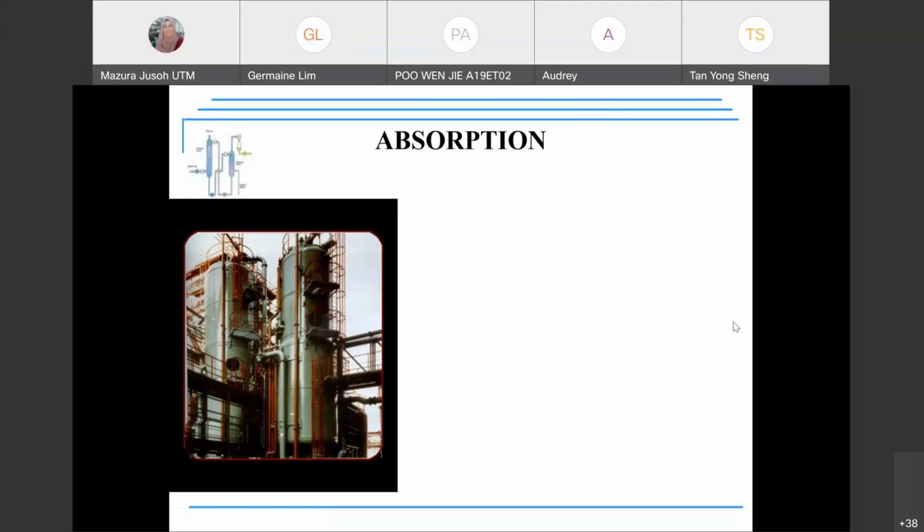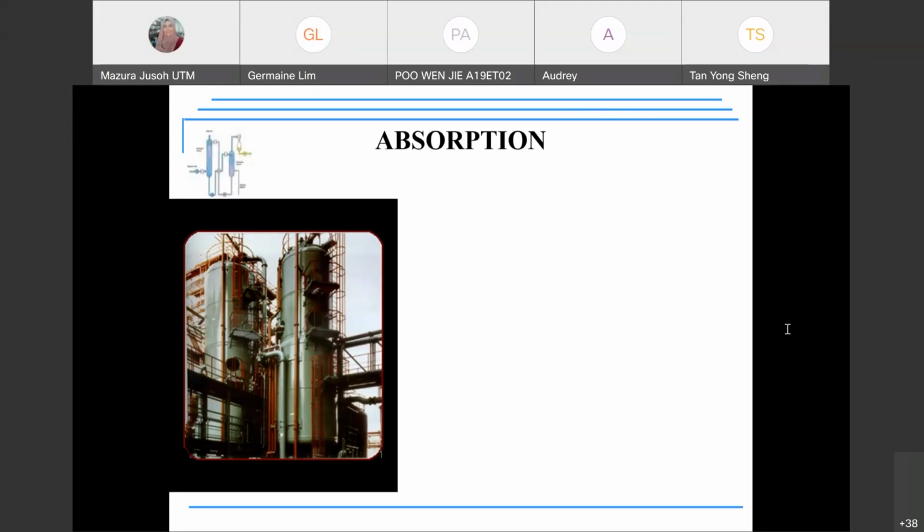Oh, someone answered in the chat box. Amzad says it is to increase the water vapor in the gas phase. Increase the water vapor. Yeah, something like that. Okay.